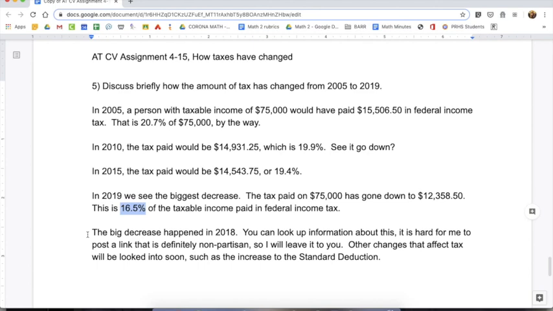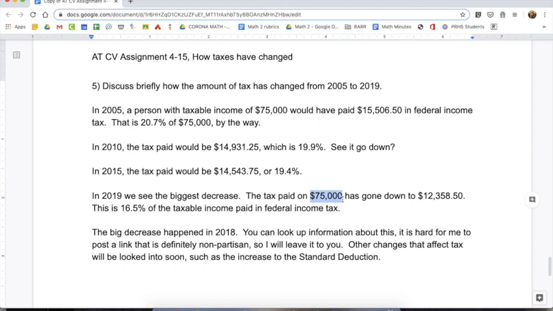I want to point out that somebody mentioned that $75,000 is worth less than it was in 2005. The buying power of $75,000, I did a little calculation, and to buy the same amount of stuff in 2019 that you did in 2005 with $75,000, you would now need today over $99,000.